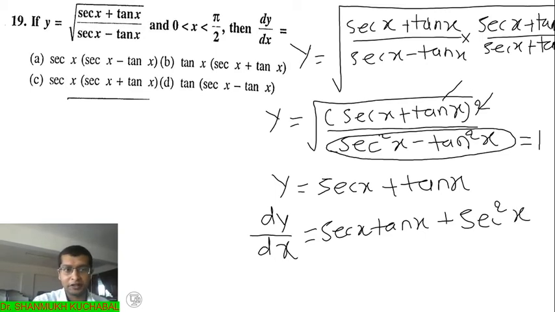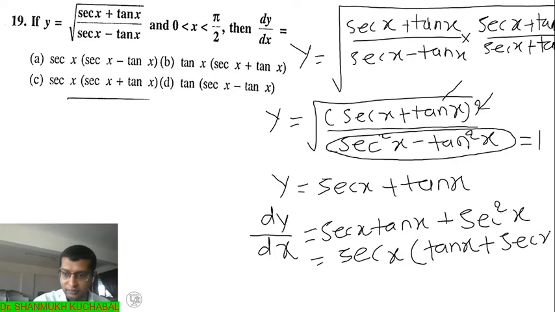Now this expression is not present among any of the options, so further I simplify. We observe that sec x is common, so taking sec x common, we get sec x into tan x plus sec x. So this is the solution, therefore C is the right answer.